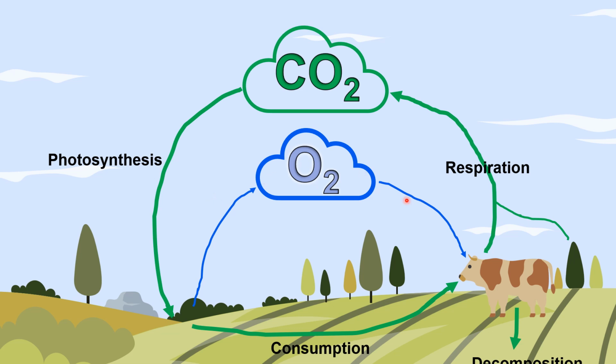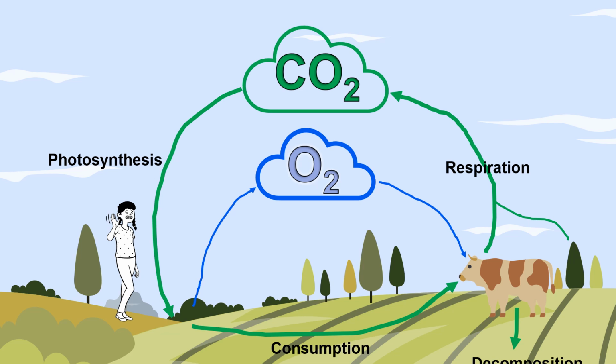The animal is also breathing in that oxygen. The animal is living, breathing. It does respiration, which is releasing that carbon dioxide back into the atmosphere. Also, plants do actually do respiration as well. And then when the animal dies, that's going to turn into decomposition. So, a lovely little cycle. This is a very simplified version of our carbon cycle.